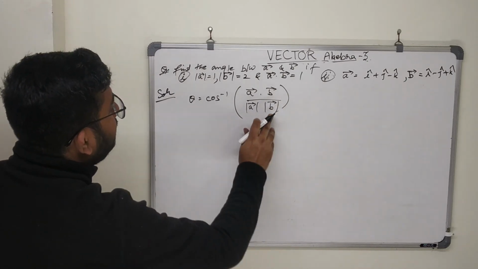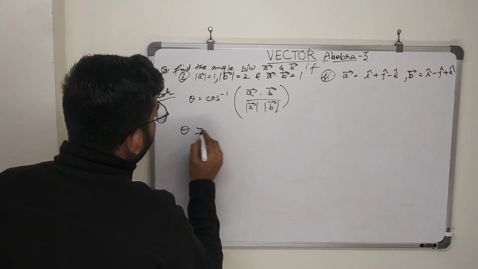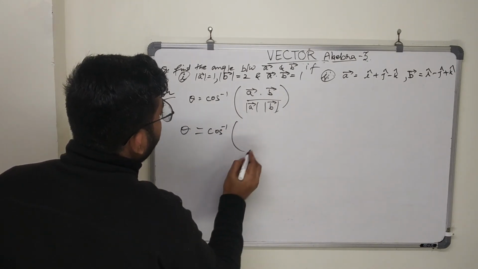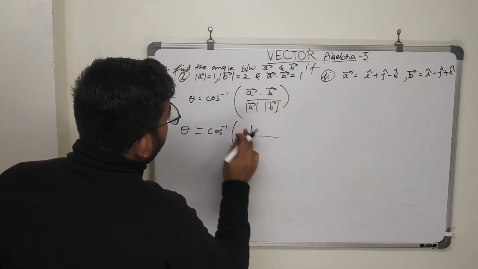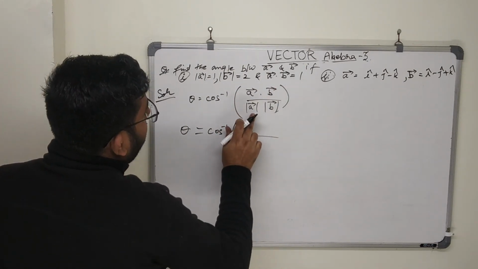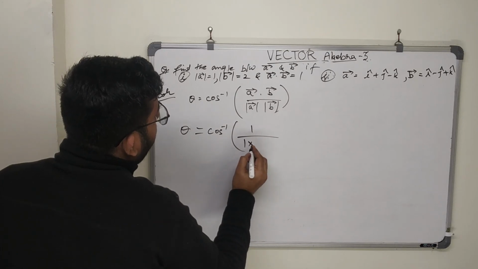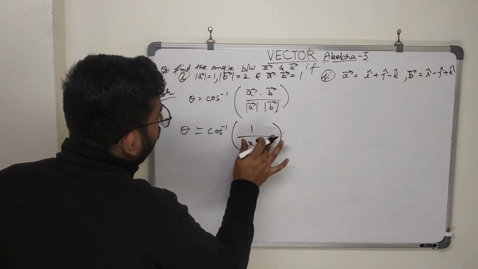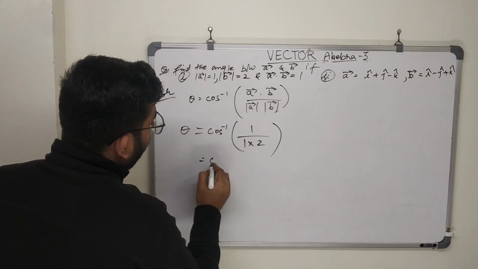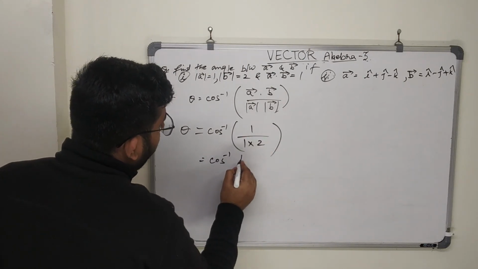So now putting the values, theta will be equal to cos inverse of a vector dot b vector, which is 1, upon magnitude of a vector, which is 1, into magnitude of b vector, which is 2. Simplifying, cos inverse of 1 upon 2.